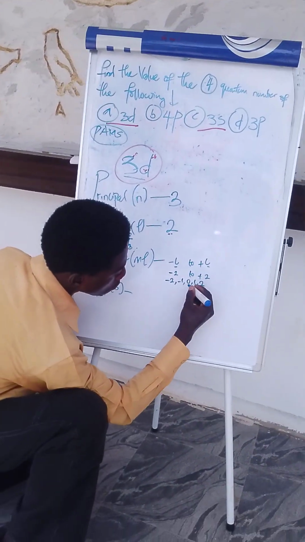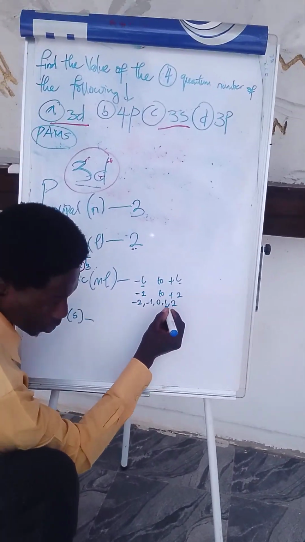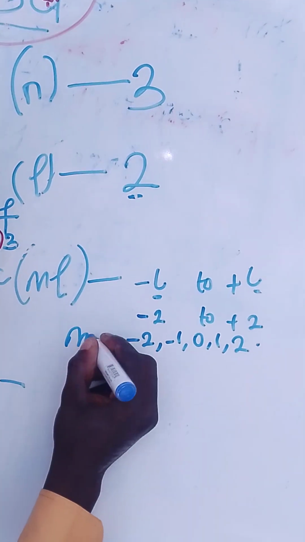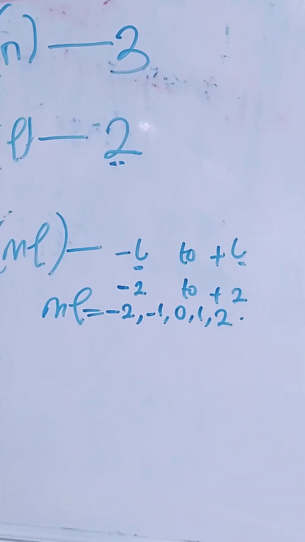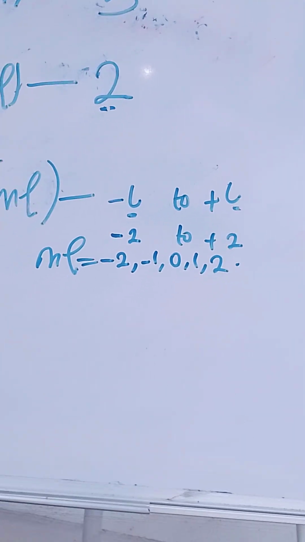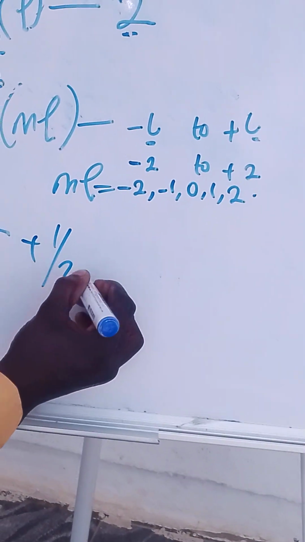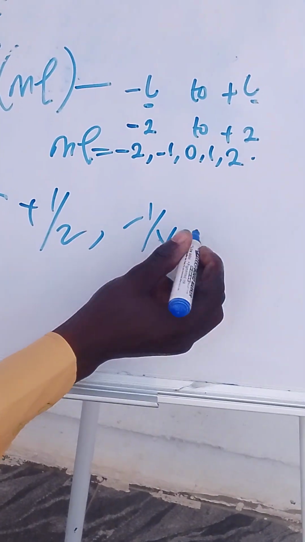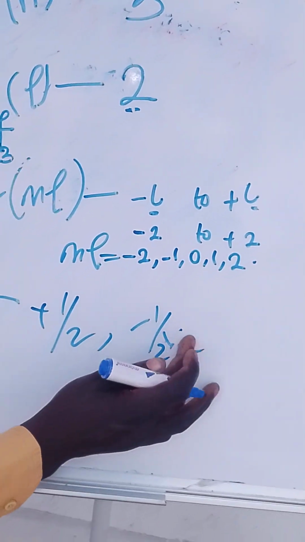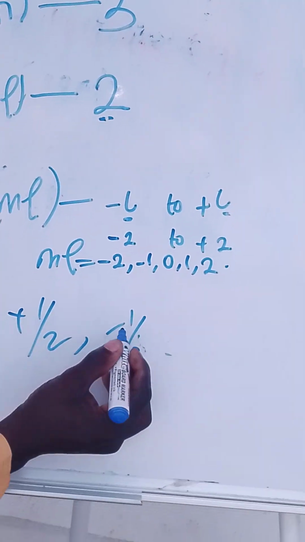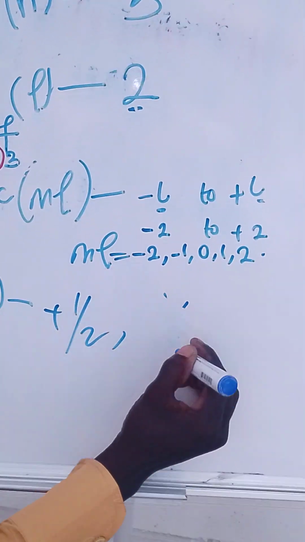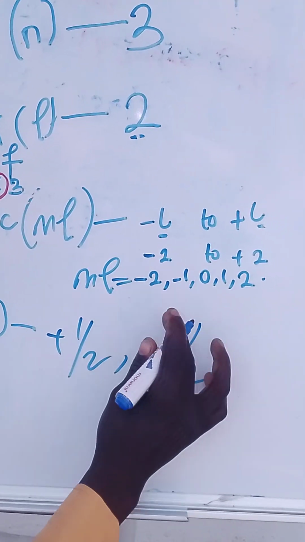There's no need to put plus here, we already know that this is positive. So this is my value for the magnetic quantum number. Then your spin is plus half and negative half.